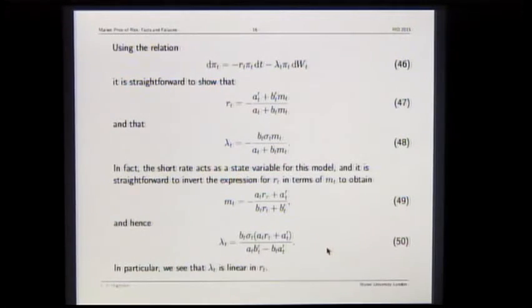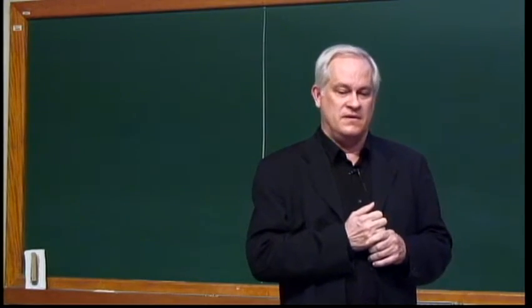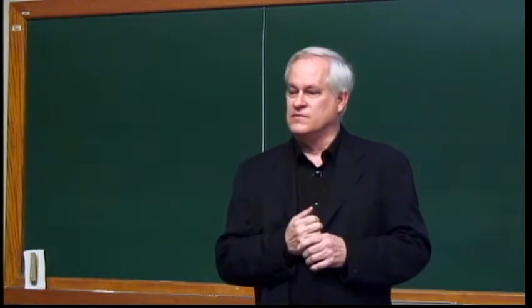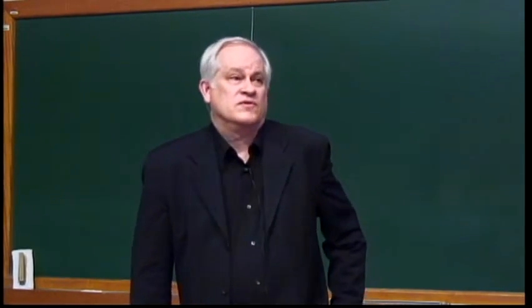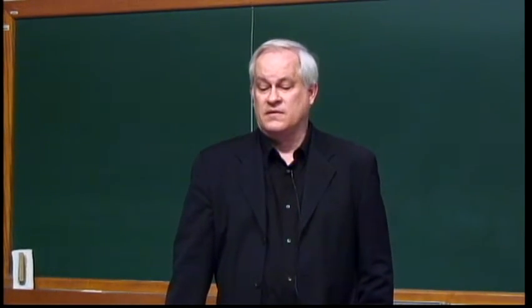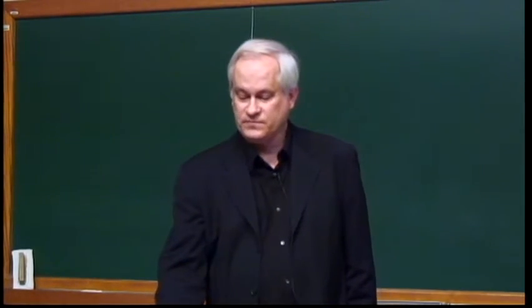So what you can see is that in this particular model, a parametric model for interest rates, the market price of risk is given by a linear function of the short rate with deterministic coefficients made up out of the A's and the B's.